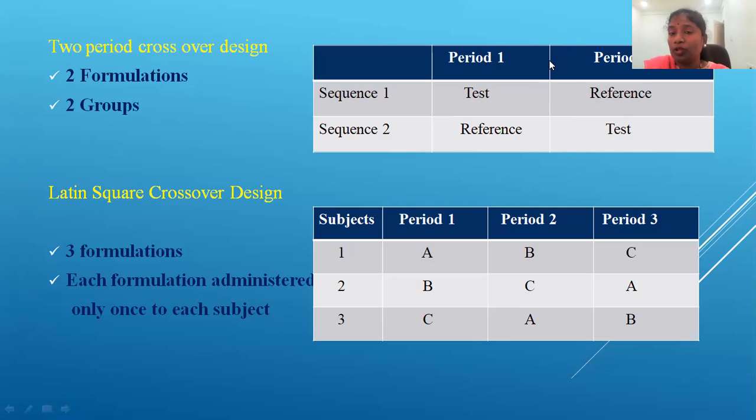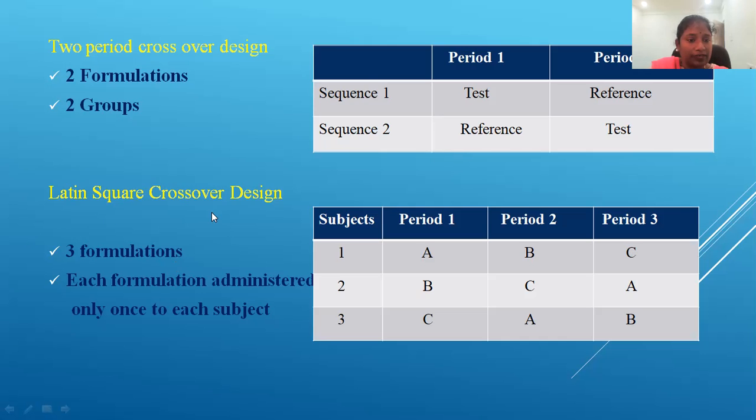The washout period is the complete elimination of the dose from the body, meaning the complete disposition, metabolism and excretion, both should be eliminated from the body. That we call the washout period. How long the washout period should be will be discussed in the washout period topic.